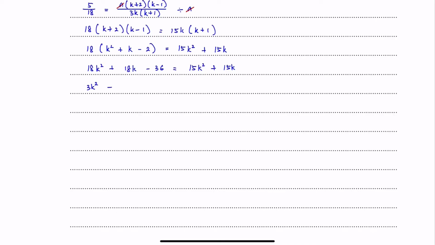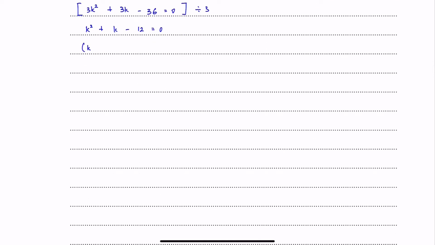And we have 3k squared plus 3k minus 36 equals 0. We divide the equation by 3, and we would get k squared plus k minus 12 equals 0. Factorize it, we would have k plus 4 times k minus 3.